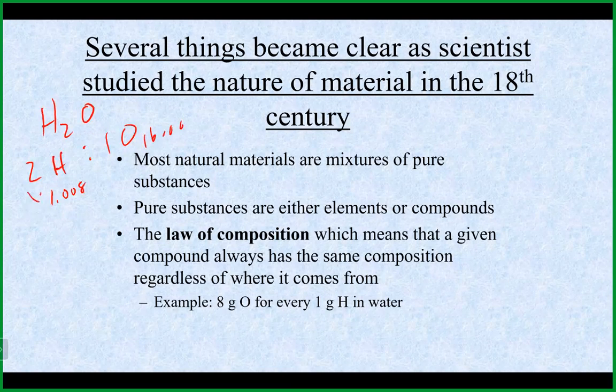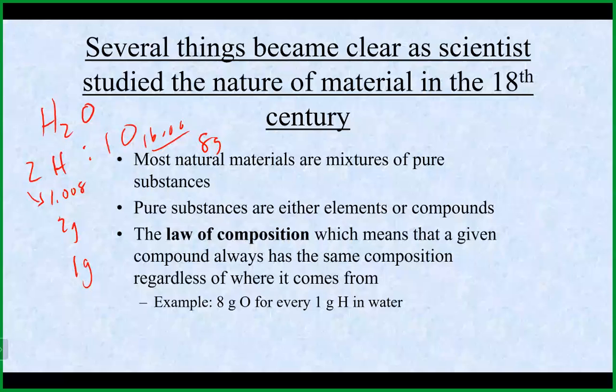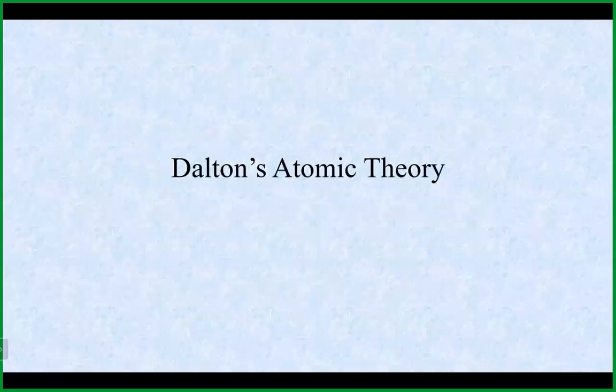So if you got about 2 grams to 16, and that's basically if you divide it, 1 gram for every 8 grams of oxygen. So that's basically how they get to the 8 grams of oxygen for every 1 gram of hydrogen that is present. And no matter where you get your water, how it's bottled, just the water component should again always be 2 hydrogens and 1 oxygen. That 8 grams to 1 gram relationship should always be there.